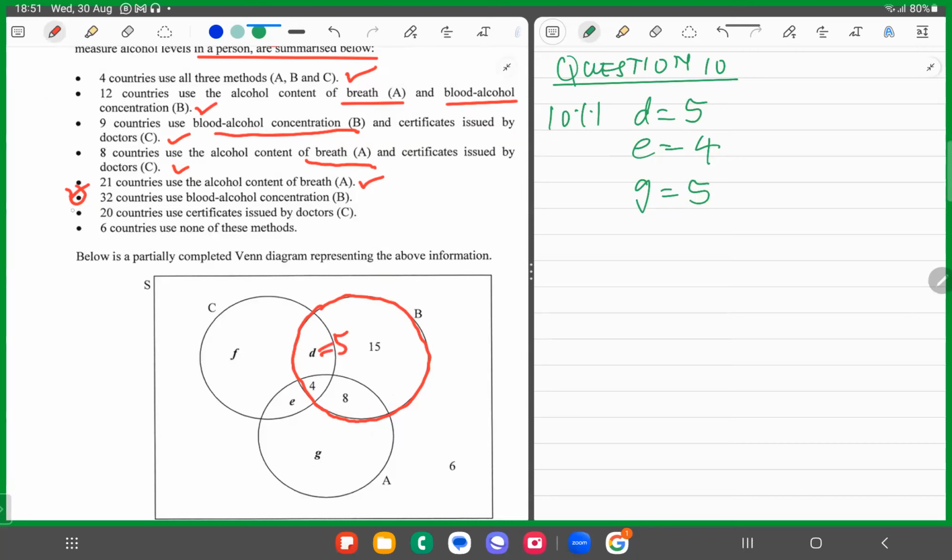Next, 20 countries use certificates issued by doctors, so that is going to give us F. Here we need 20. We got E to be equal to 4, because this was 8.